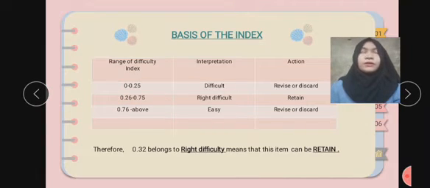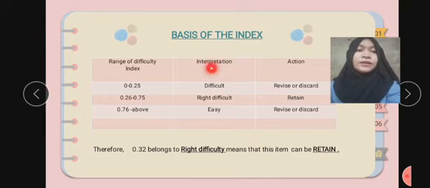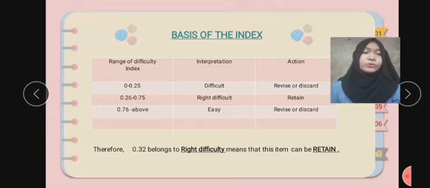For example, kung nakuha mong result is 0.25, and then ito yung description or interpret niya, which means the item is difficult, and then the action that you need to do as a teacher is to revise that test questionnaire. Kumbaga, kailangan siyang i-revise kasi may mali doon sa question yun.